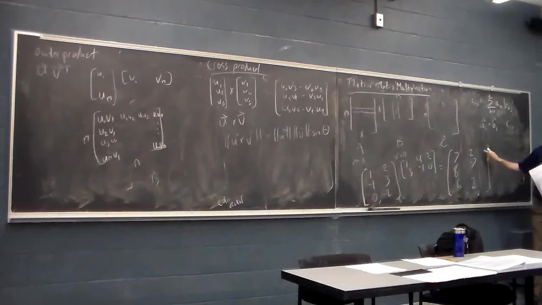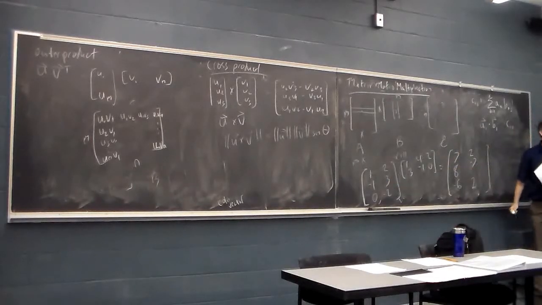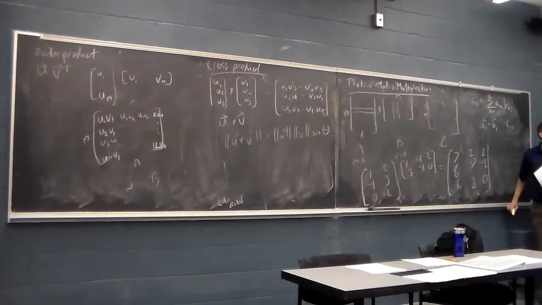And likewise for the third column, that would be dot products of rows of A with column 3 of B. So 1 times 2 plus 2 times 0 is 2, minus 1 times 2 plus 3 times 0 is minus 2, and 0 times 2 plus minus 2 times 0 is 0. So that is the product of these two matrices. So, any questions about this?